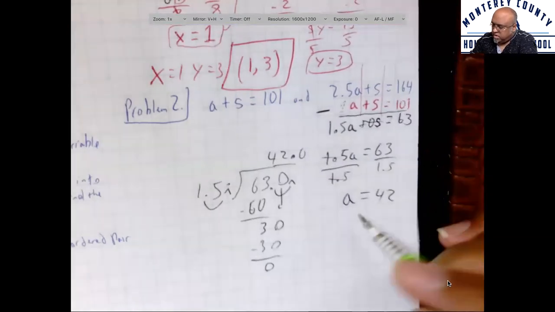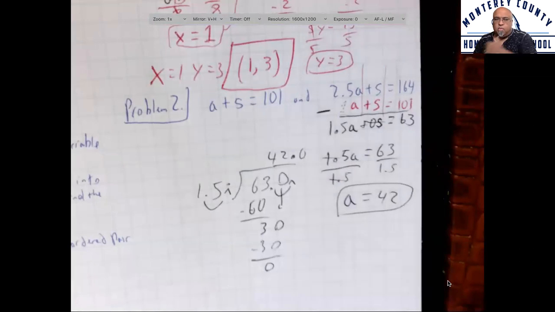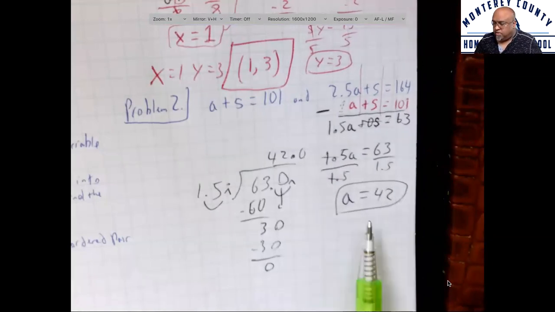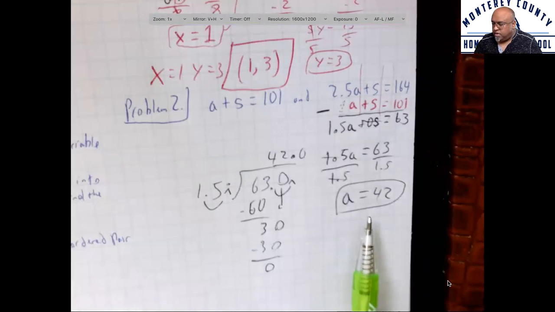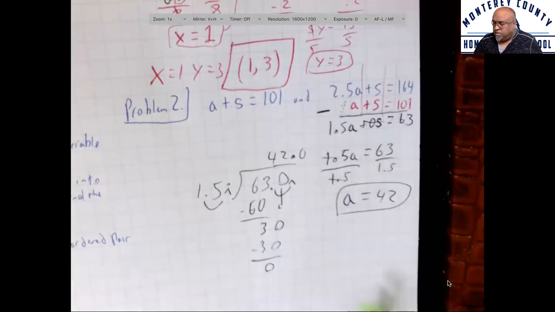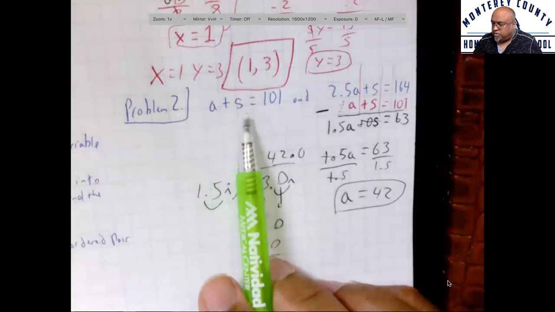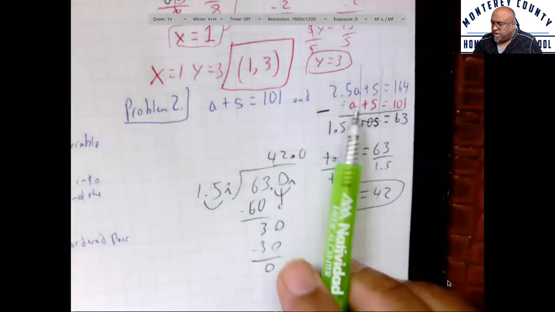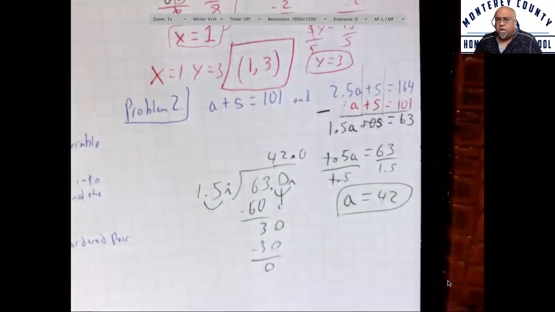All right. Now again, I want to say that we're done, but we are not because I have to substitute in this value to one of my equations. Now, my two equations are a plus s equals 101 and 2.5a plus s equals 164. Which one am I going to substitute it into? You always want to substitute it into the easiest one.